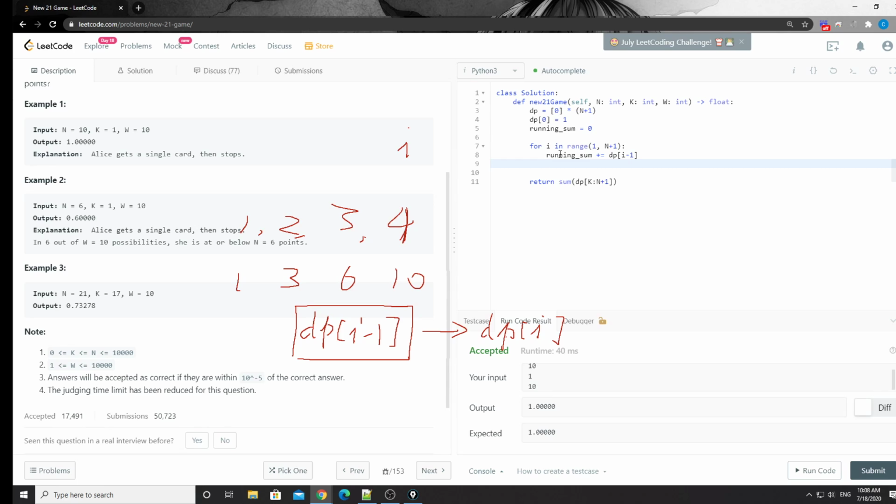And when we need to remove one from the tail, right?